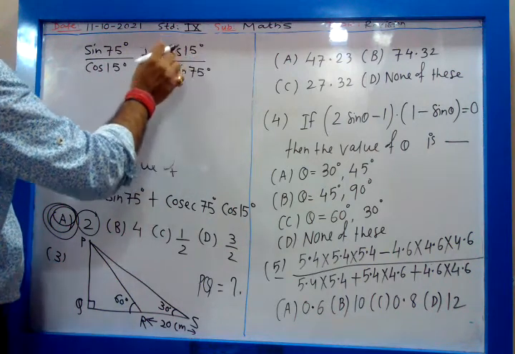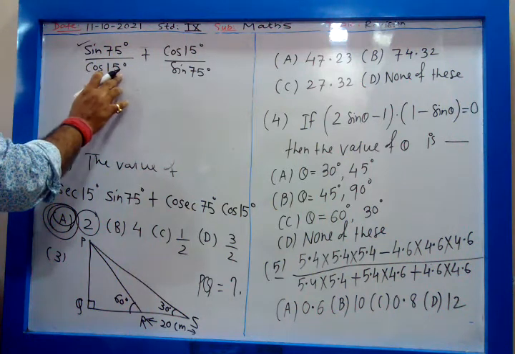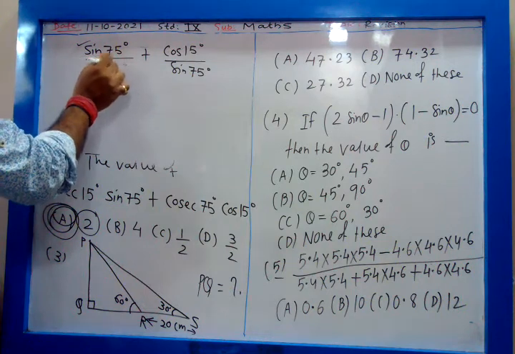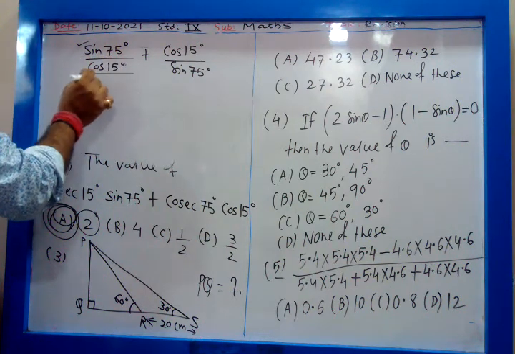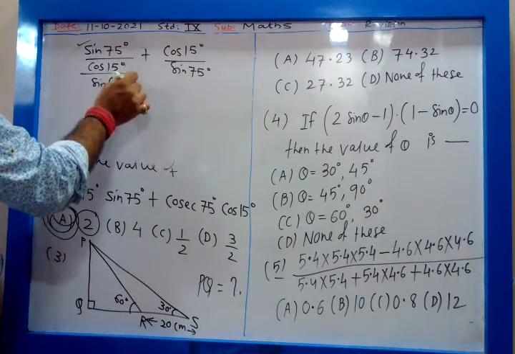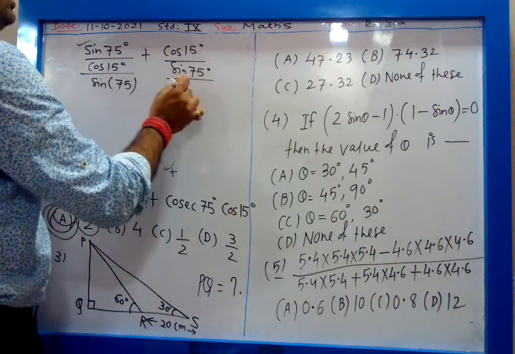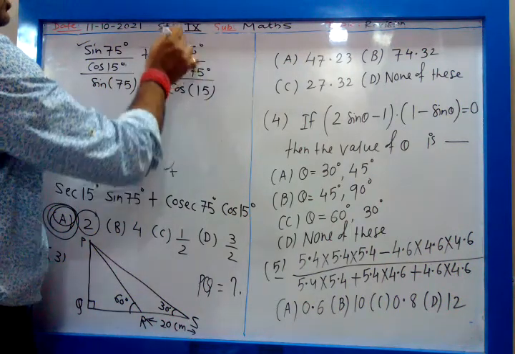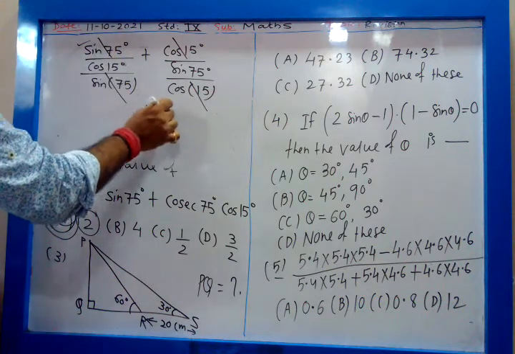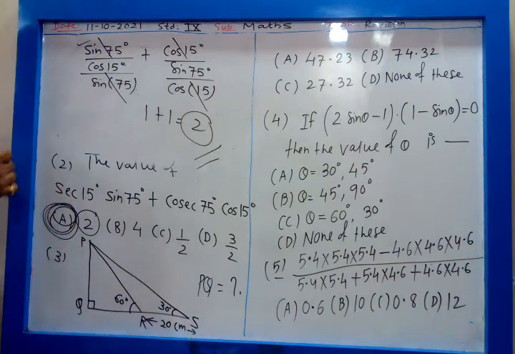Now sine and cos are complementary angles. Cos 15 degree you can write sine of 90 minus 15, that is 75. Then sine 75 degree you can write cos of 90 minus 75, that is 15. Cos 15 gets cancelled, sine 75 gets cancelled, 1 plus 1, the answer is 2. So option number A is the correct option.